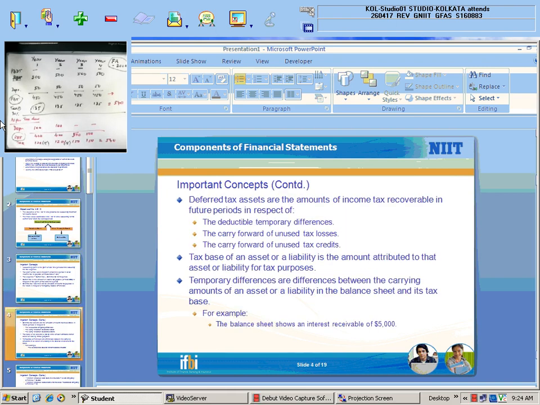Deferred tax assets are the amounts of income tax recoverable in future periods in respect of deductible temporary differences, the carry forward of unused tax losses, and the carry forward of unused tax credits.